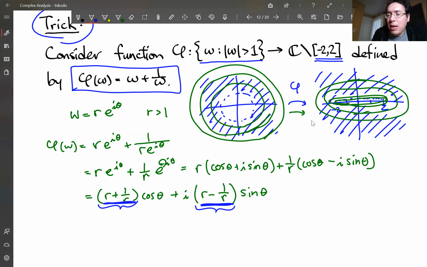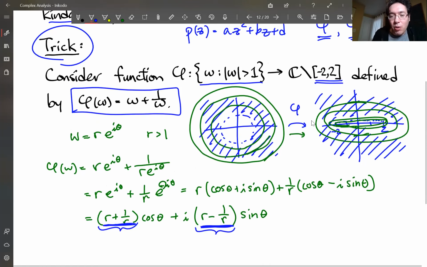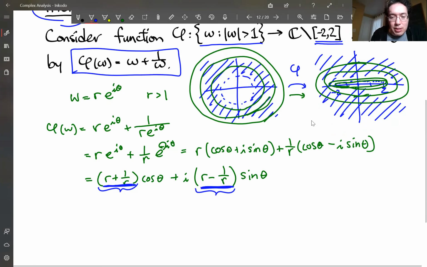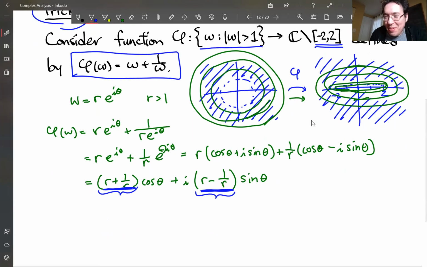And the semi-minor axis, the vertical radius, is going to be starting close to 0 and then increasing as r gets larger. So all the circles map to ellipses of this type. Okay, I hope that made sense.